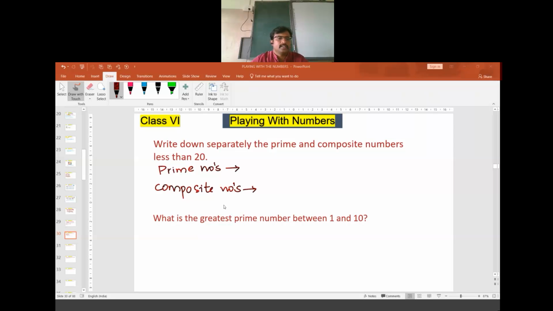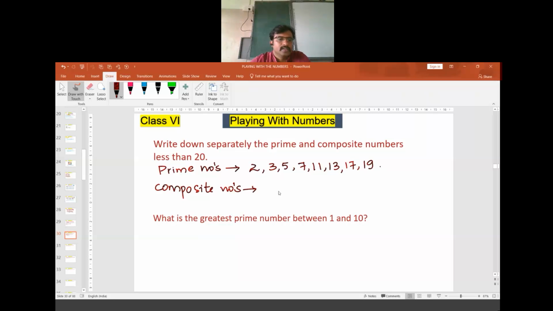Since the question is less than 20, I have to write the prime numbers starting with 2. 2 is the smallest. Next is 3. Next is 5. Next is 7. Next is 11, 13, 17, and 19.